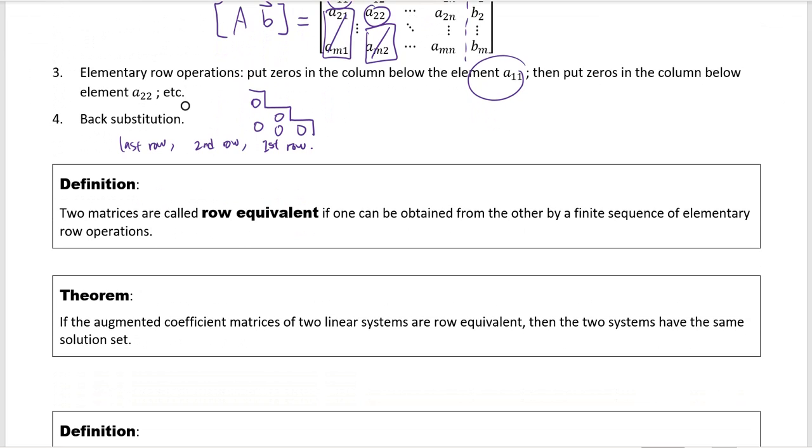Okay, definition. Two matrices are called row equivalent if one can be obtained from the other by a finite sequence of elementary row operations. Okay?